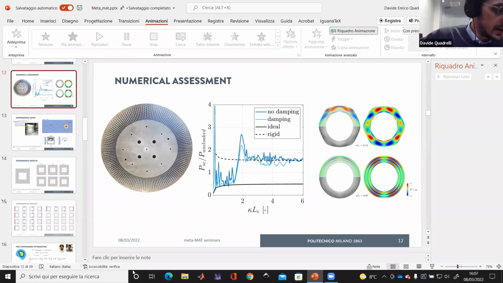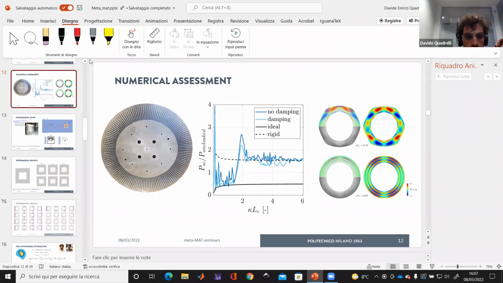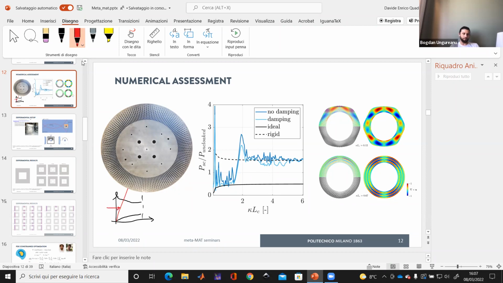I can maybe draw on it, so let's see if this works. Usually when you have a pentamode material, you can look at the dispersion, and you have something like this in 2D, where you have the longitudinal mode and the transverse mode.